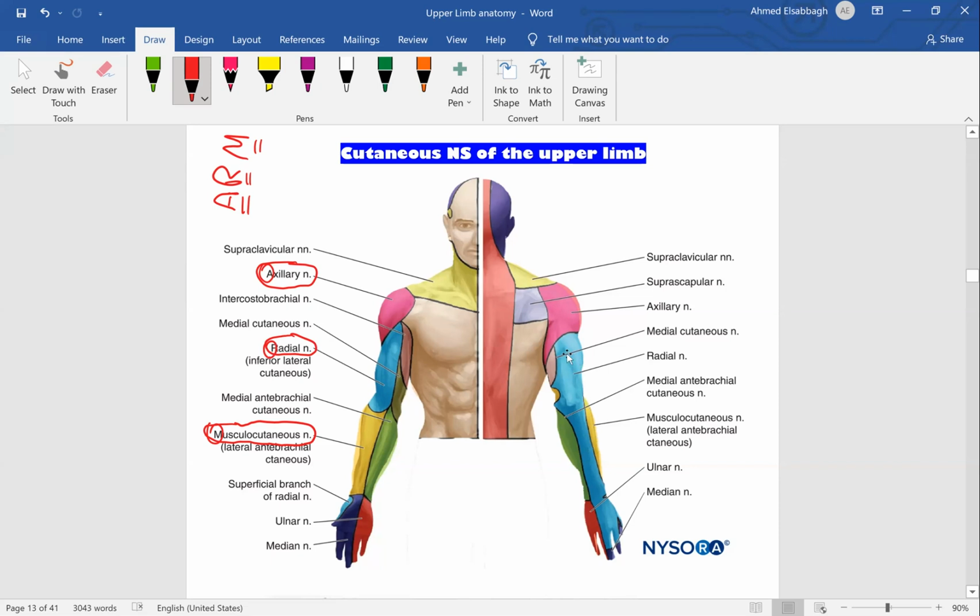Posterior part of arm and forearm are supplied by radial nerve. So the radial nerve supplies these blue parts: lower lateral part of arm and posterior part of arm and forearm. This is the second question.